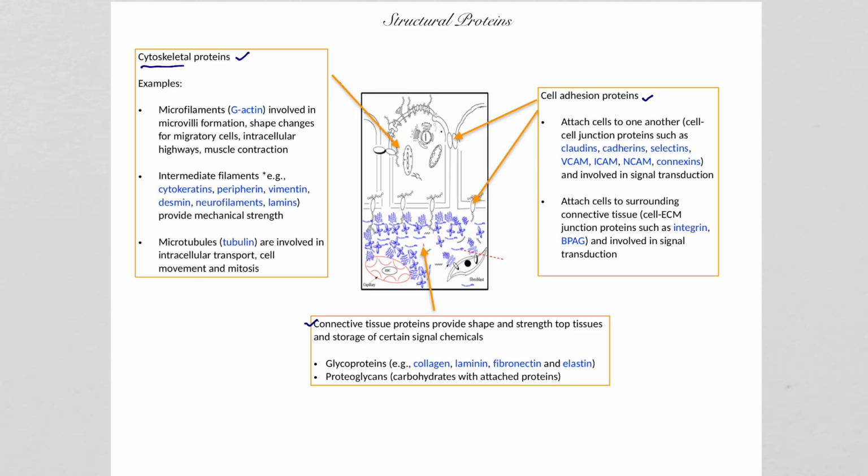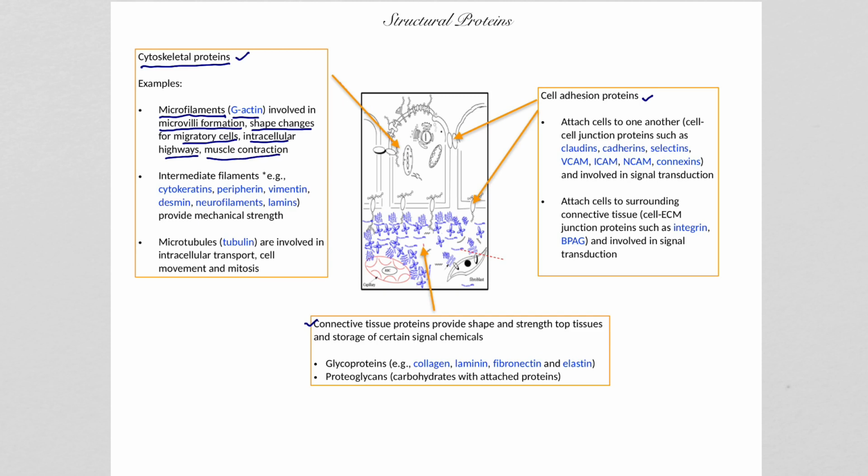The cytoskeletal proteins include the microfilaments, which are made up of the protein G-actin, and these microfilaments are involved in formation of microvilli, changing shapes for migratory cells. They serve as intracellular highways.